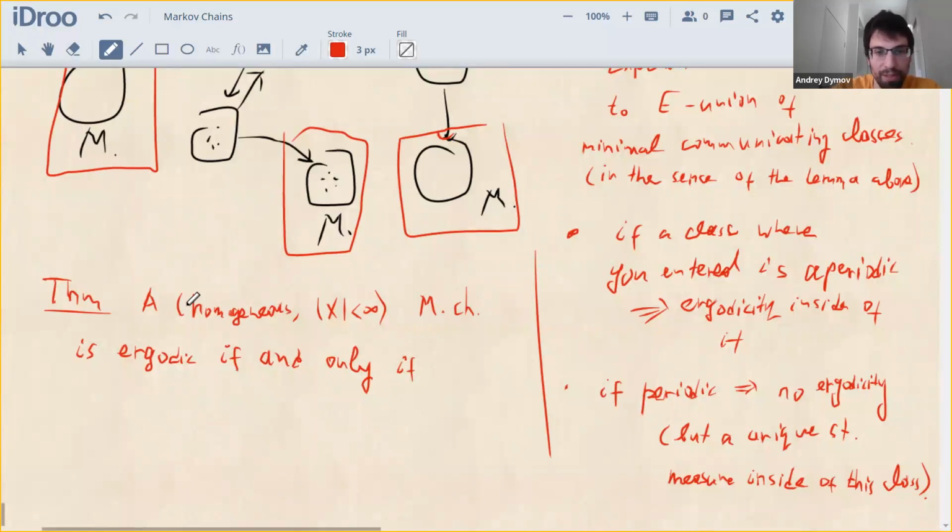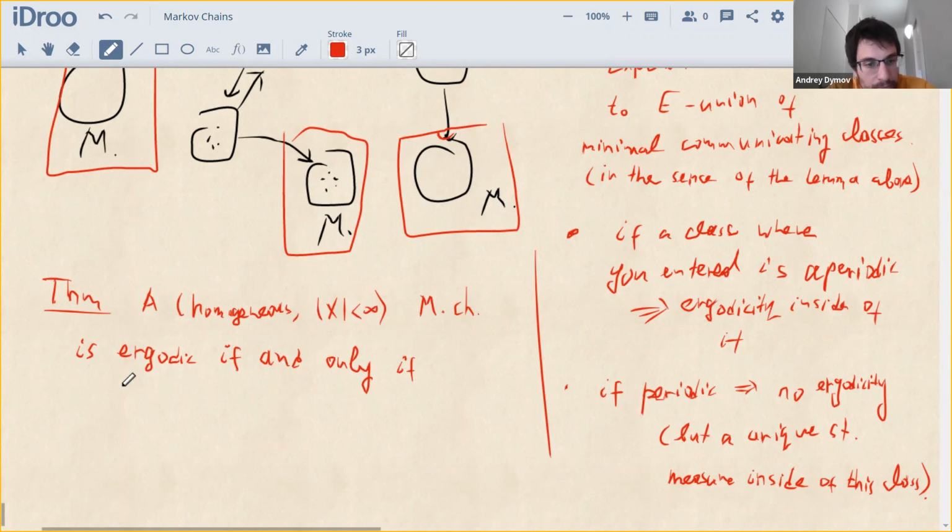Who can tell? So first, how many minimal communicating classes should it have? Just one. If it has more, then maybe I'll enter here and leave here, maybe here and maybe here, right? So no mixing. And moreover, if I start already in a minimal communicating class, then I will stay there forever. So if I start here, I stay here forever. If I start here, I stay here forever. So no mixing is possible.